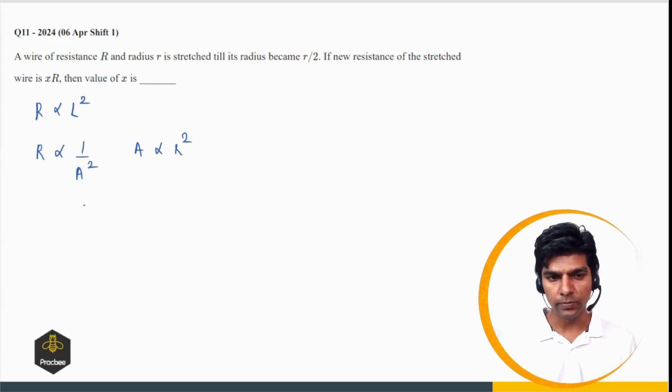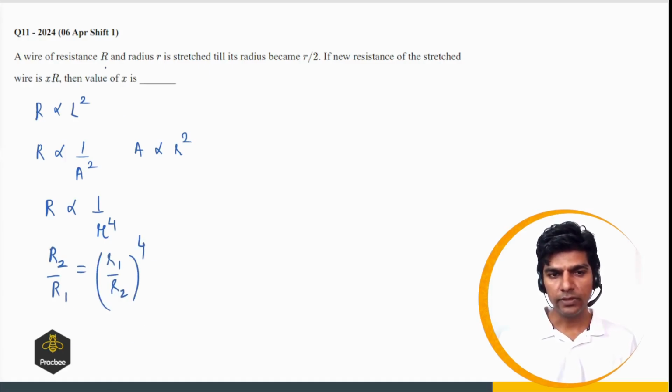So we can say resistance will be inversely proportional to r raised to power 4. So we got the proportionality. So R2 by R1 will be equal to (r1 by r2) raised to power 4.